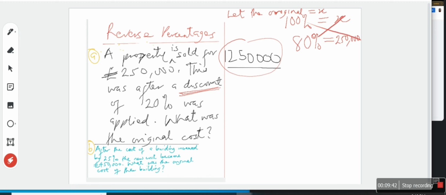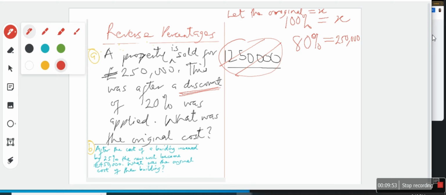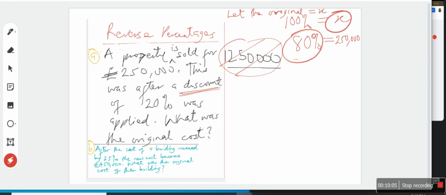So this time this, this time this. That means this is actually not correct. What's your answer? We need to hurry up, please. Okay, I believe what you did was 80 times X to cross multiply like this.